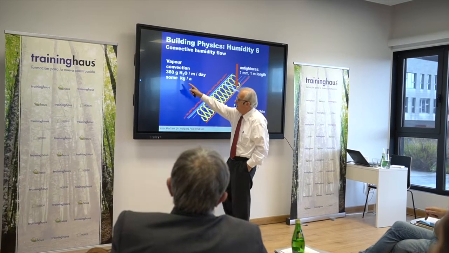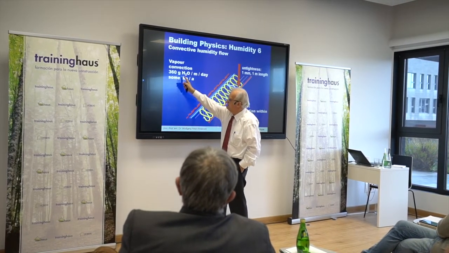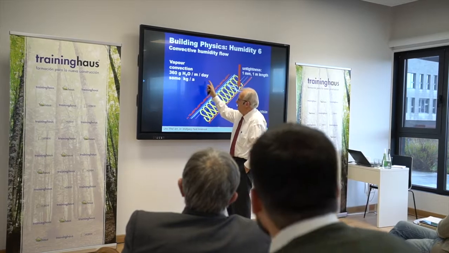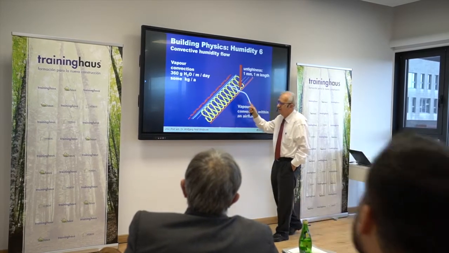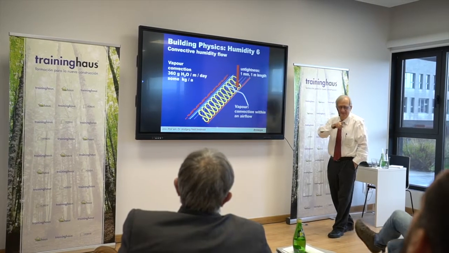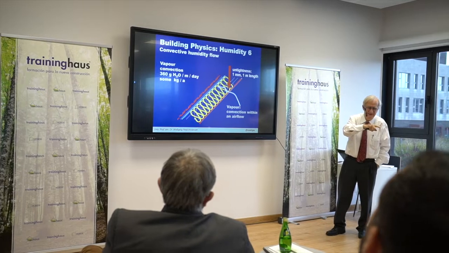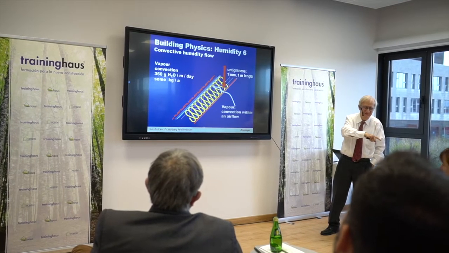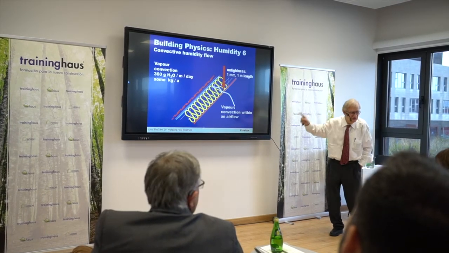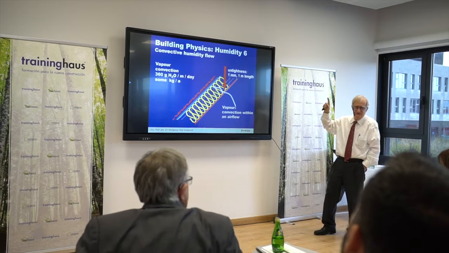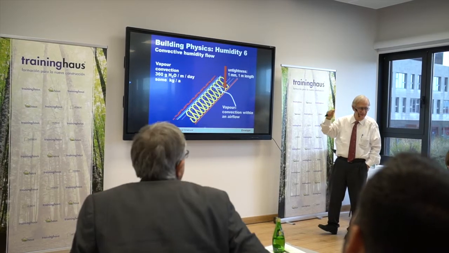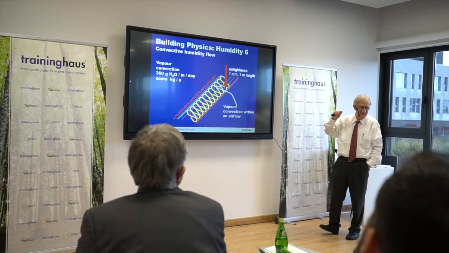And then you will end up with 360 grams of water vapor per meter per day. Now you remember diffusion, that was 5 grams per square meter, and this is 360. It's almost 100 times the amount of humidity transported by convection.